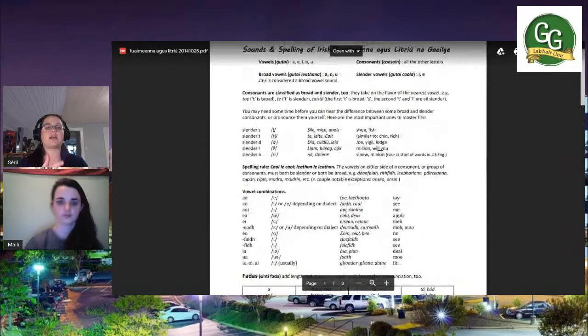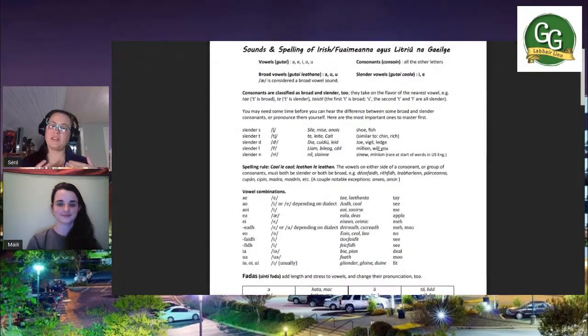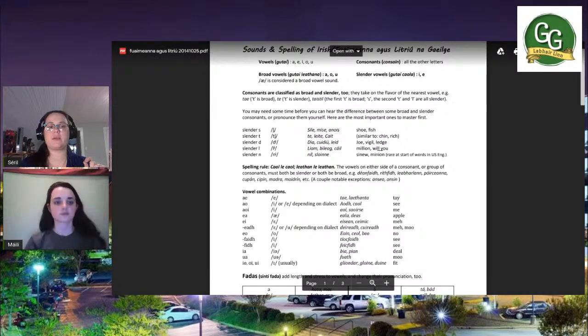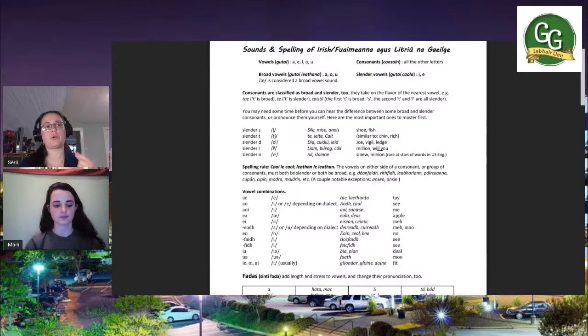Okay, so let's look at consonants. What you're going to hear in the words is that, depending on what type of vowel these consonants are by or near, it's going to flavor the sound that consonant has. So here's an example up here where they say te has a broad T. You're pronouncing that T very hard, te.